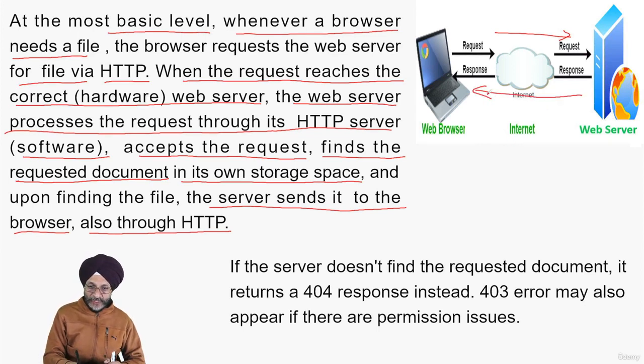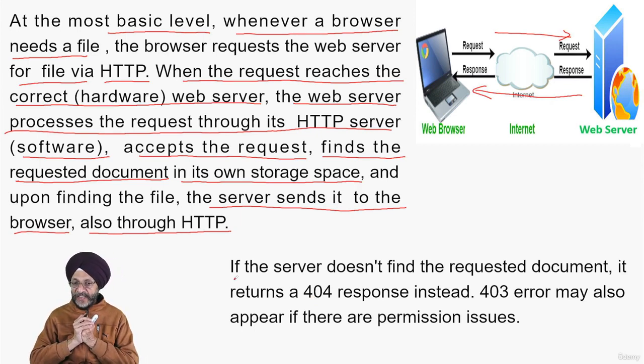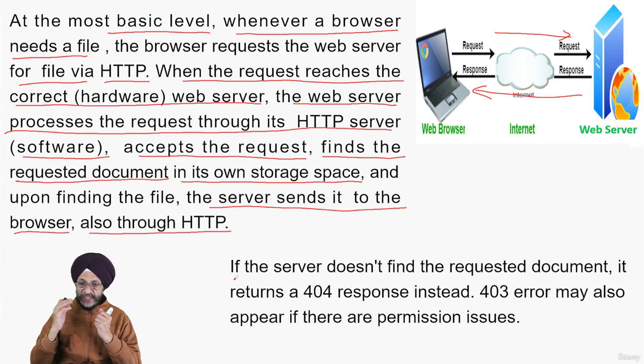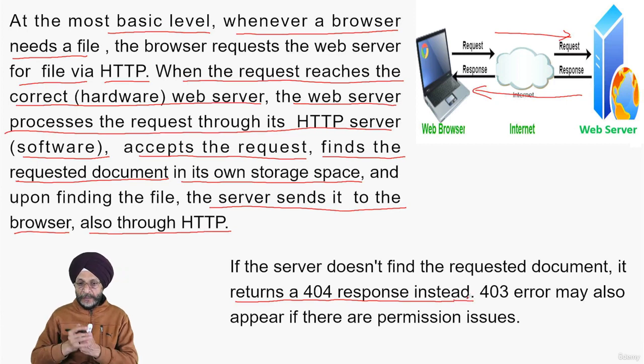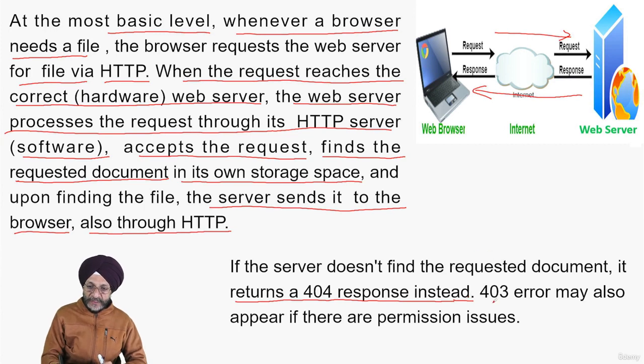It may also happen that the file the web browser has requested is not available or not traceable with the web server. Then this server returns a 404 response. It means that the file is not available.